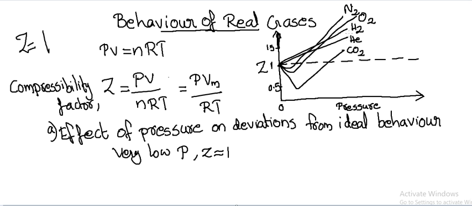That is, for hydrogen and helium, Z value is always greater than 1 at all pressures, which means they are less compressible than an ideal gas at all pressures. We know that if Z value is greater than 1, then it will be less compressible than an ideal gas.